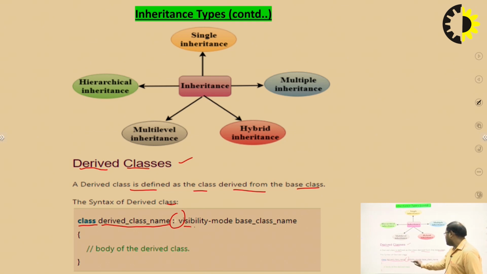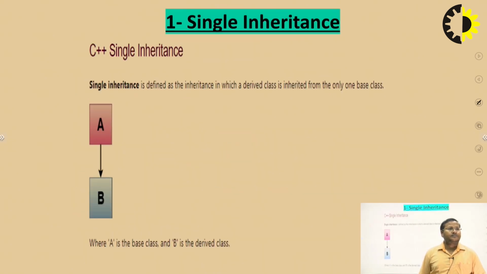Here, for the visibility mode we write public, private or protected, then the name of the base class, and then we write the body of the derived class like other classes. Single inheritance: here A is the base class and B is the derived class. Single inheritance is defined as inheritance in which a derived class is inherited from only one base class.